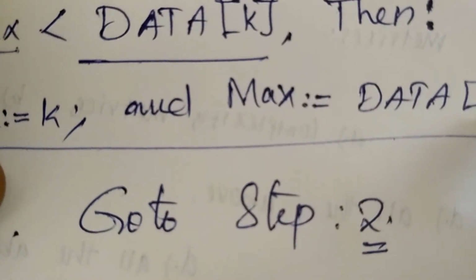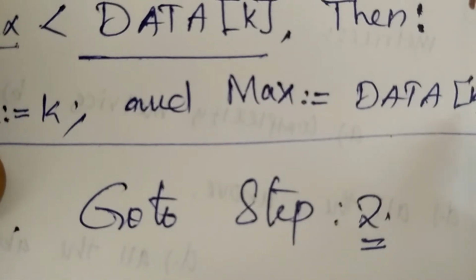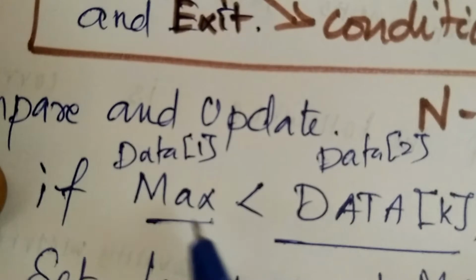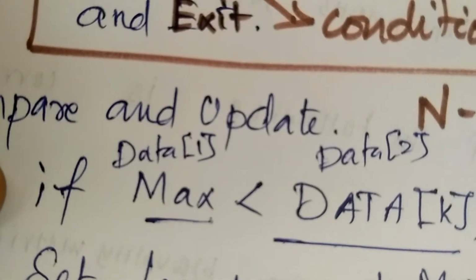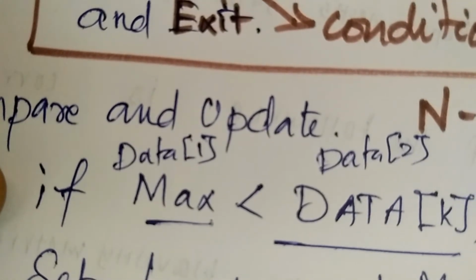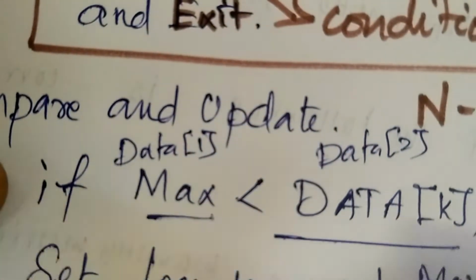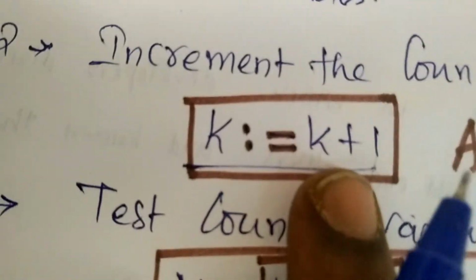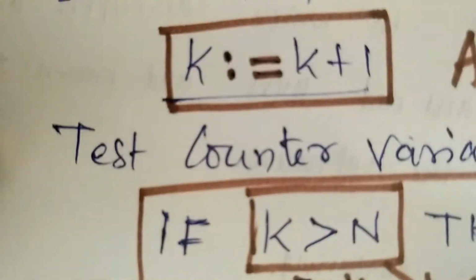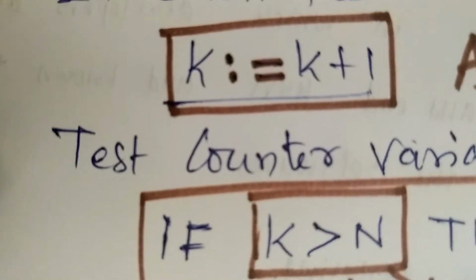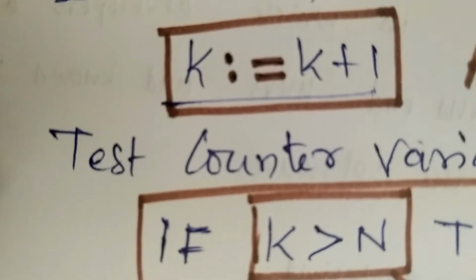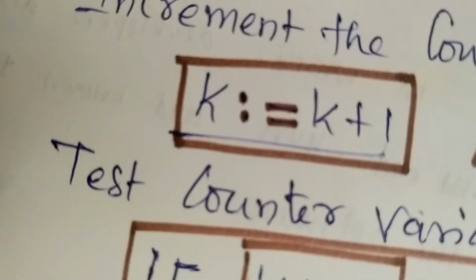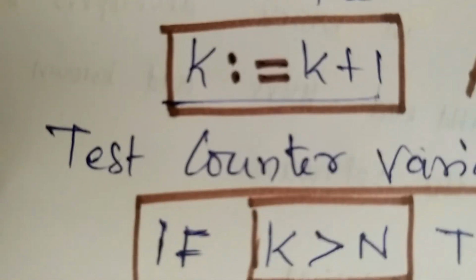So in this example, the second position value will be assigned as the maximum value. If the condition is false, you have to move to step number 5, repeat the loop, start with k is equal to k plus 1. So the third element is compared with the first element, not interchanged. If this is true, then follow the step, then complete.